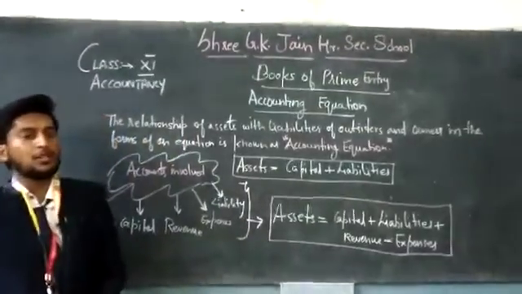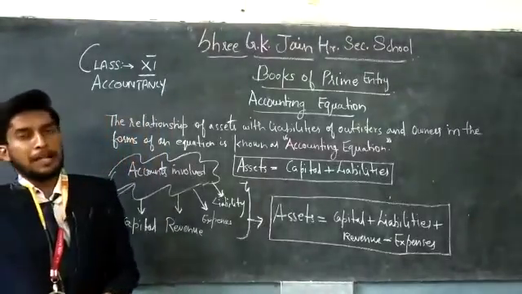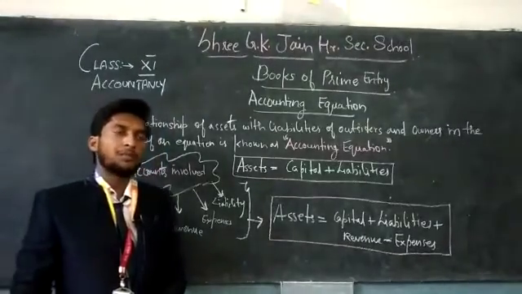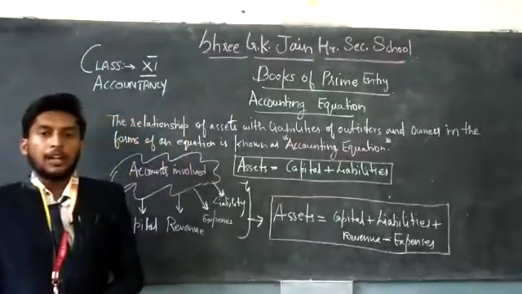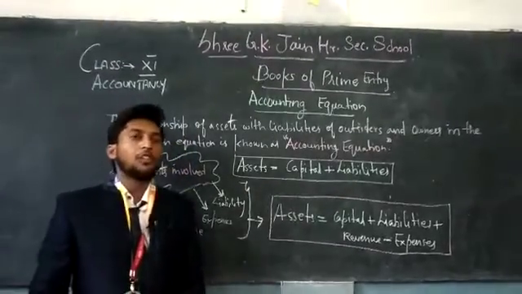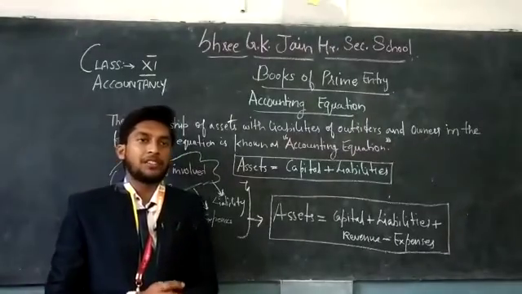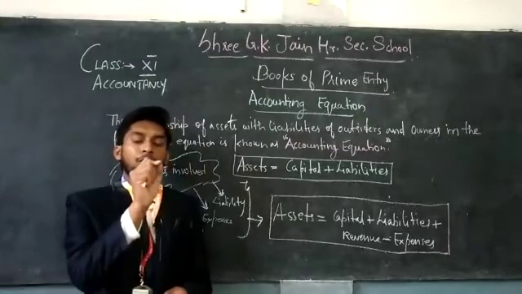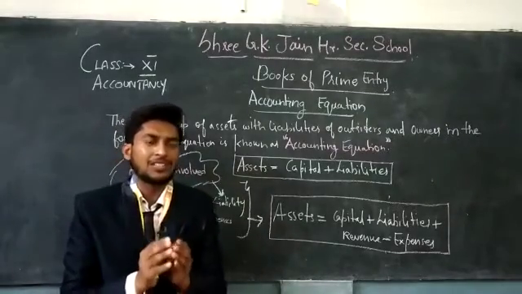Today we are going to see the 11th standard accountancy chapter, Books of Original Entry. In it, we are going to see the accounting introduction and the various aspects of accounts. In the first aspect of accounts, we deal with those transactions which come for the very first time.